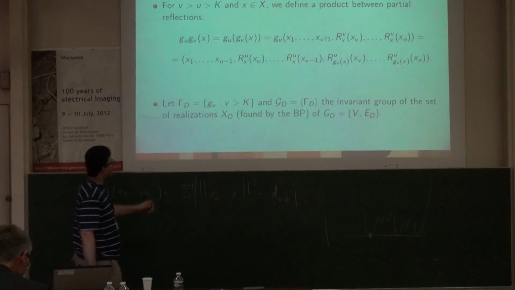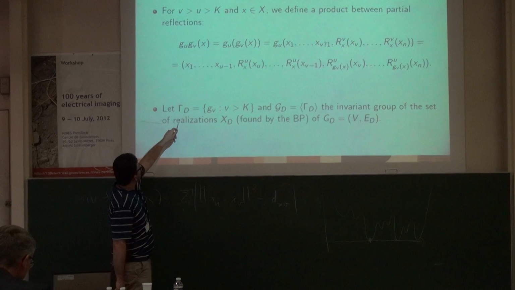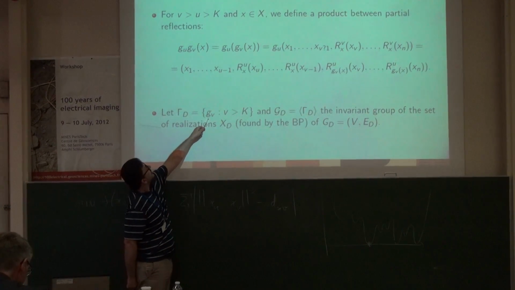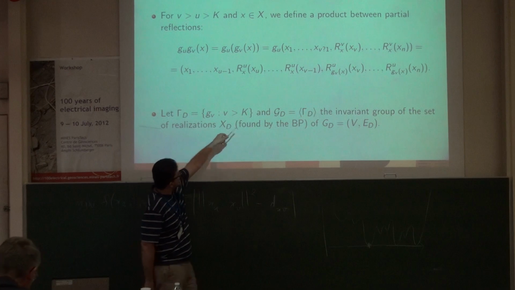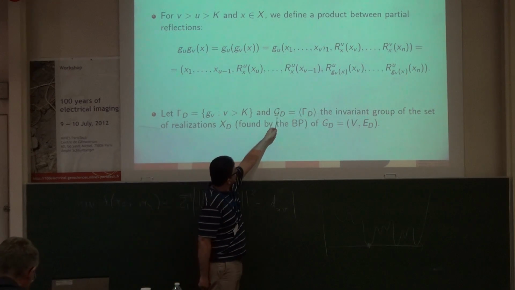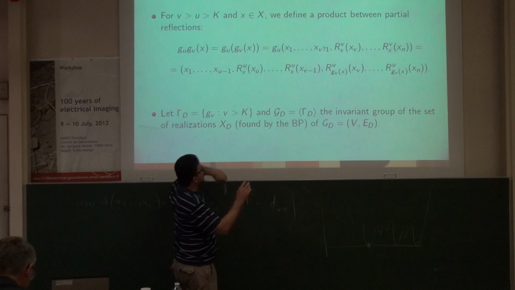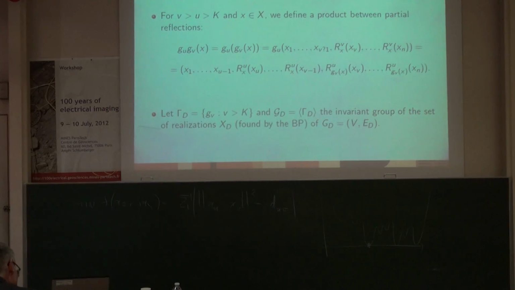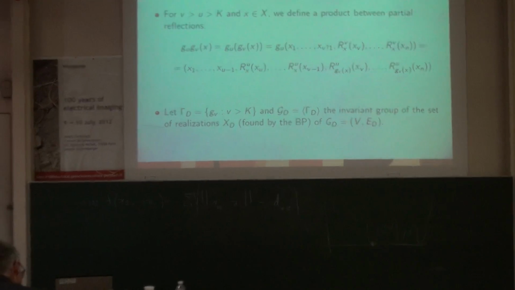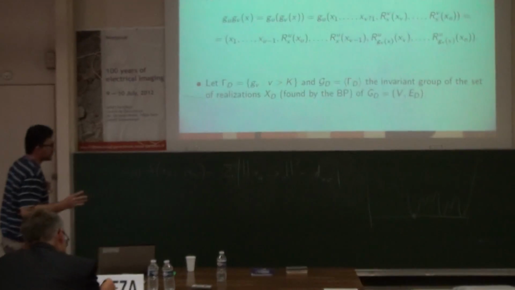And the first result is that we can use this set, the set of all of the partial reflection operators, and we can generate this group, and this group is associated to the solutions of the DMDGP problem when we have just the minimum set of edges.